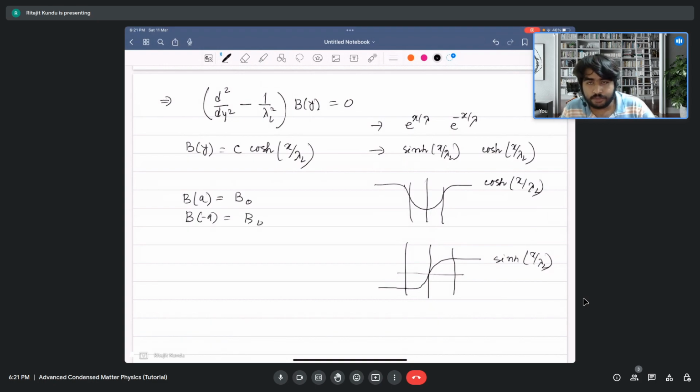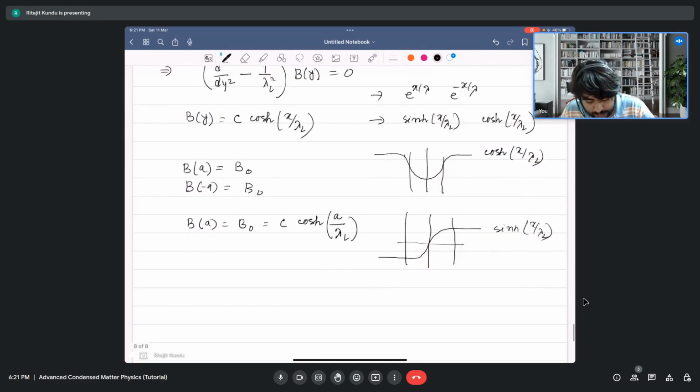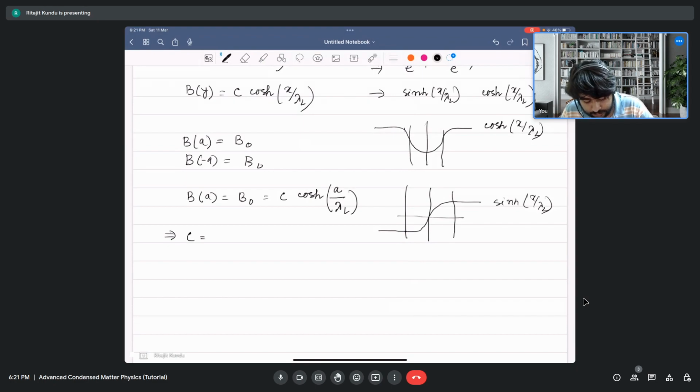You will see that both of these will be satisfied, and also cosine is an even function, so that's why it is easier to use this. So B naught is C cosine hyperbolic a by lambda L. So C is just B naught divided by cosine hyperbolic a by lambda L.